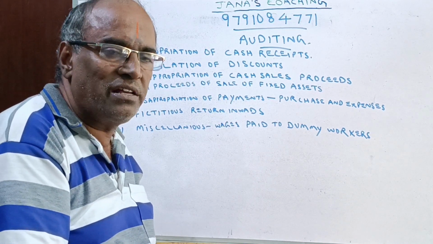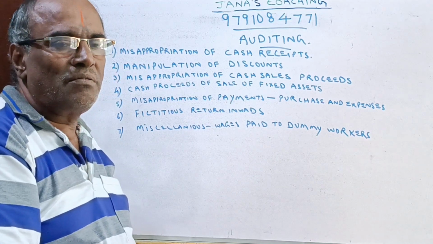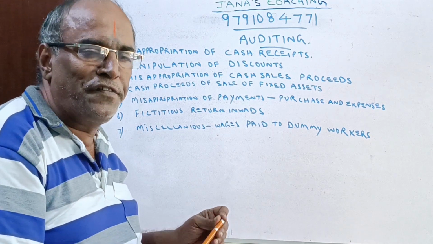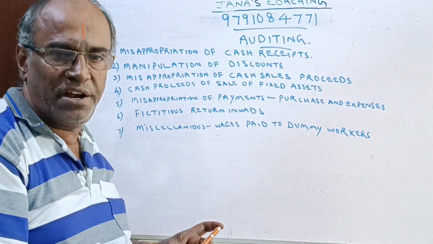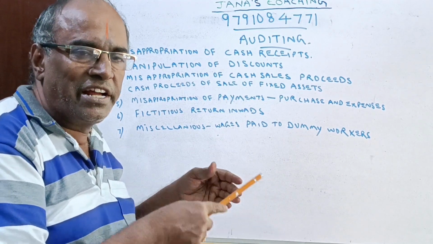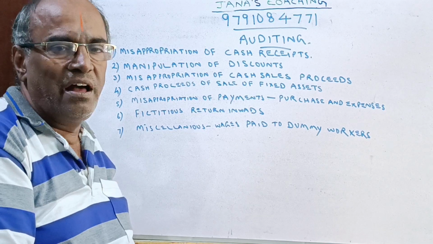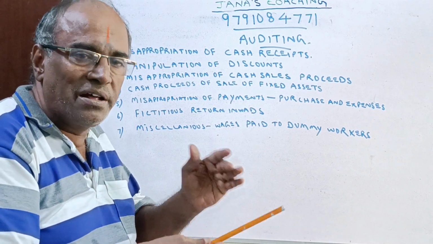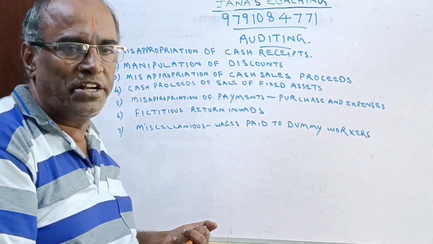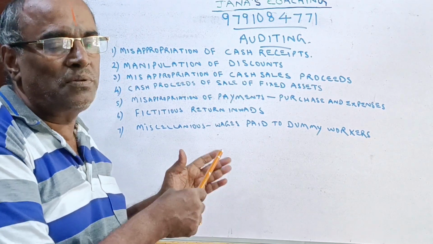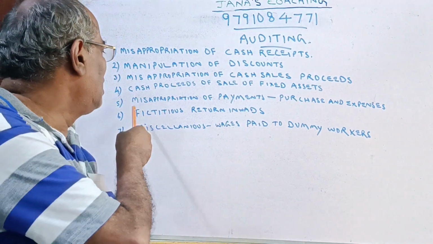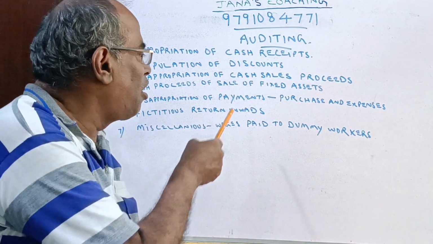At the time of sale of any fixed assets, the amounts are realized in the form of cash. If it is received in cash, then the actual amount indicated in the cash book receipt side and the actual amount received by the cashier will be known by the auditor through various subsidiary books of the concerned company.